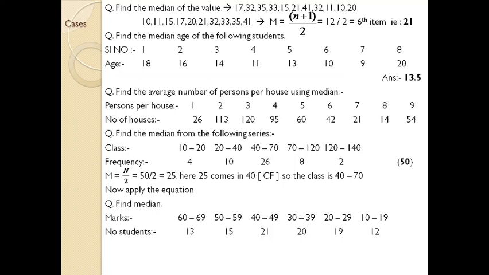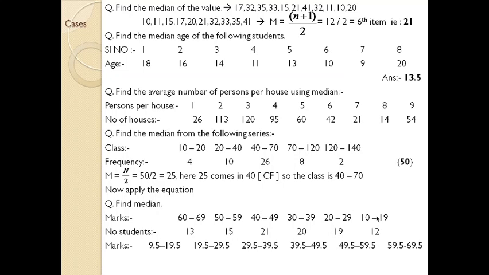Once you arrange the series in order, you need to make some changes in the class just like this. See, first one, 9.5 to 19.5. You can see that here it is 10 to 19, then how come it is 9.5 and 19.5? Whenever the series you are dealing with is not in continuous order, you have to follow this example.